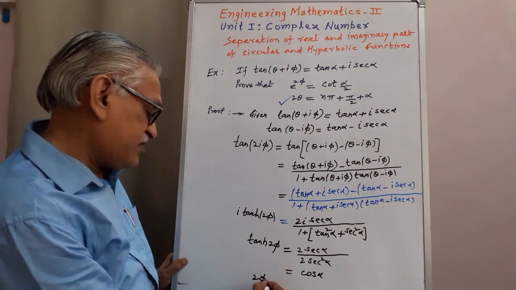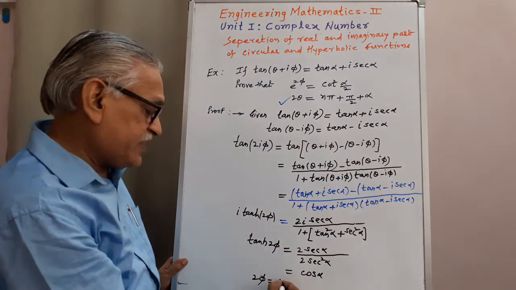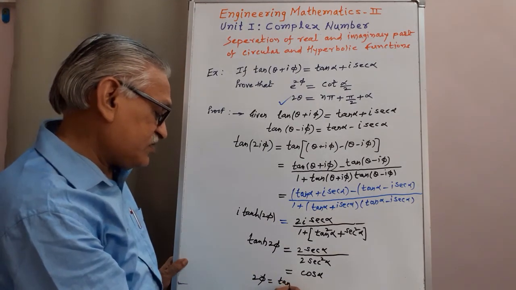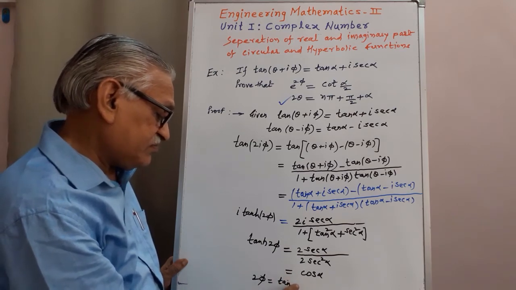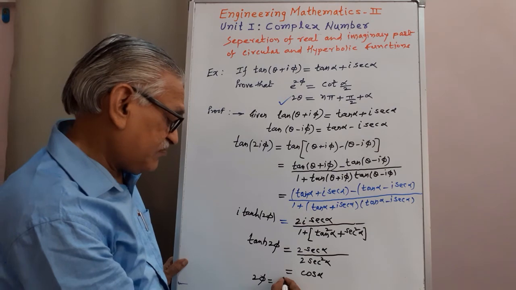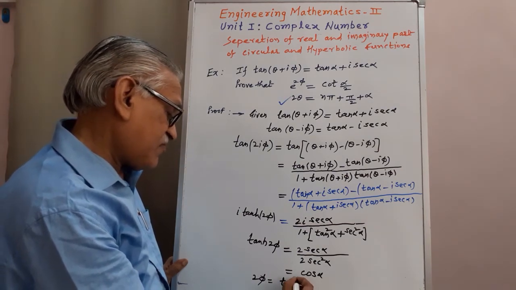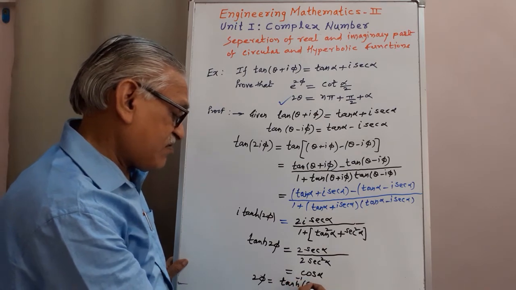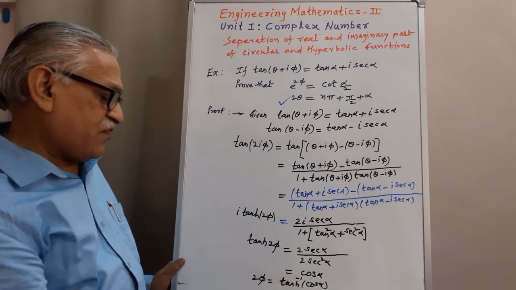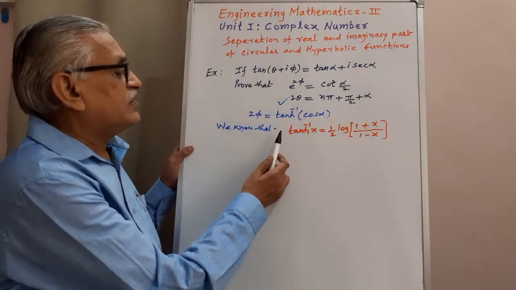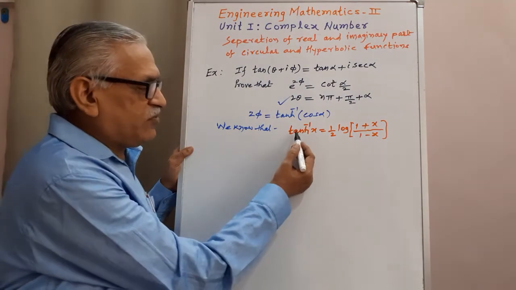Therefore, we get 2 phi is equal to, transferring this tan h to the right hand side, tan h inverse of cos alpha. We take the help of the standard result of inverse hyperbolic function.